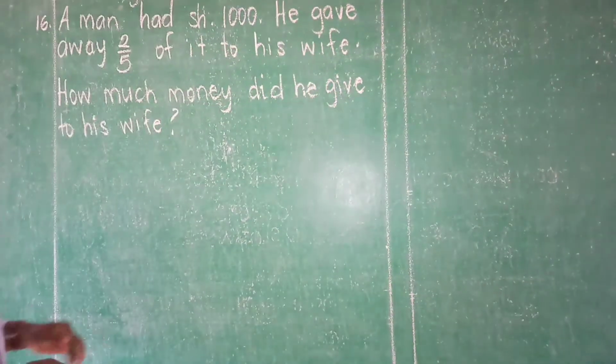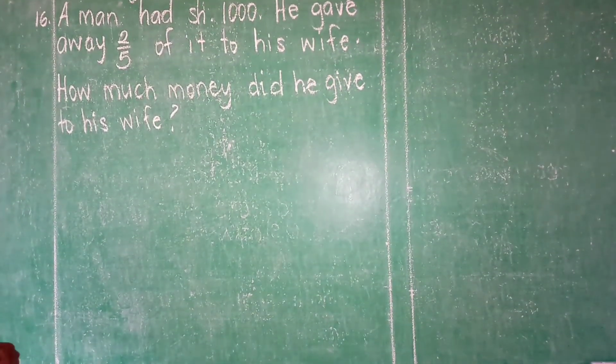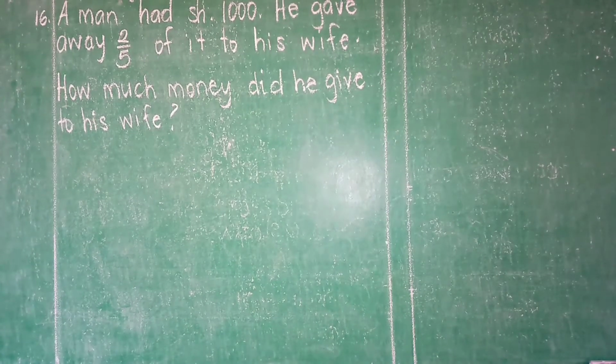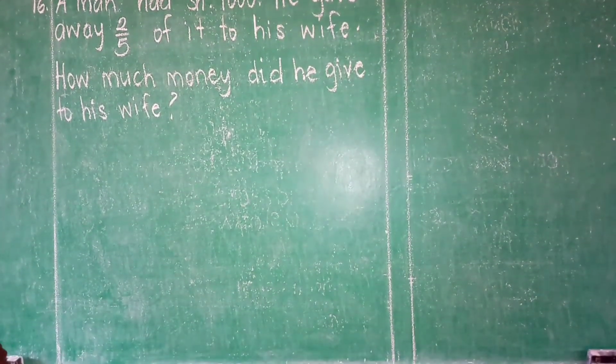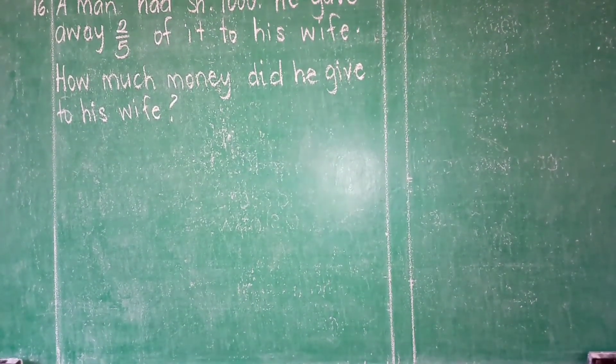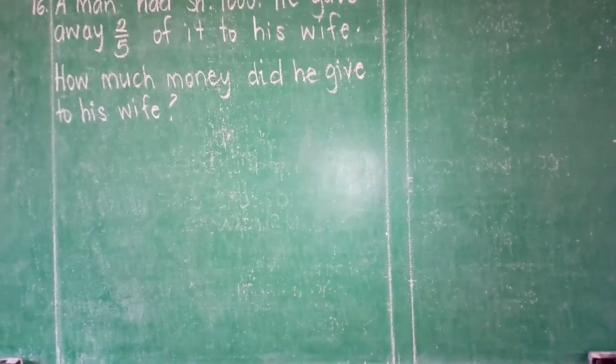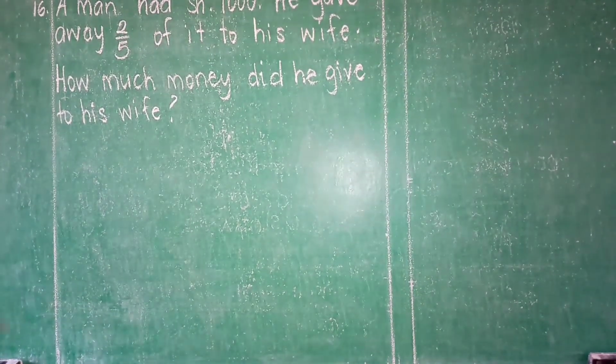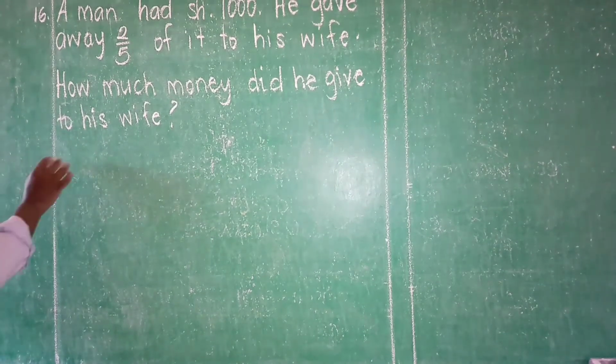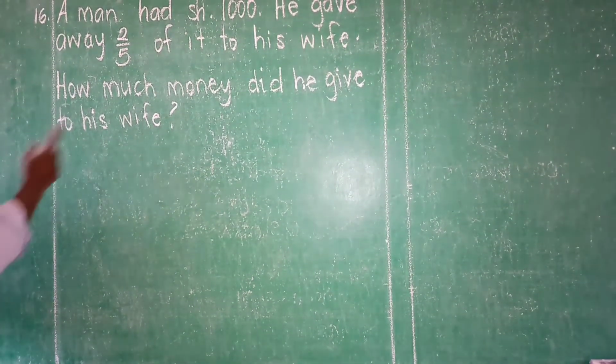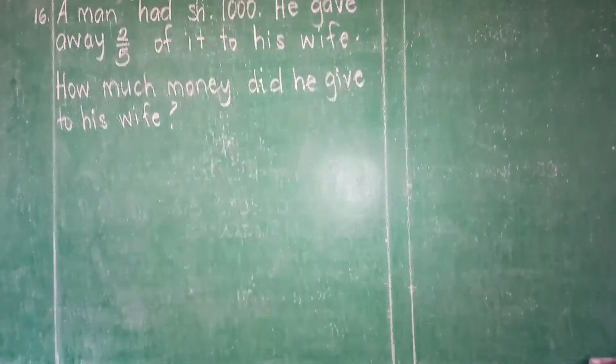It reads, a man had 1,000 shillings. He gave away 2 out of 5 of it to his wife. How much money did he give to his wife? Now, here it tells us that we want to find the money he gave to the wife.